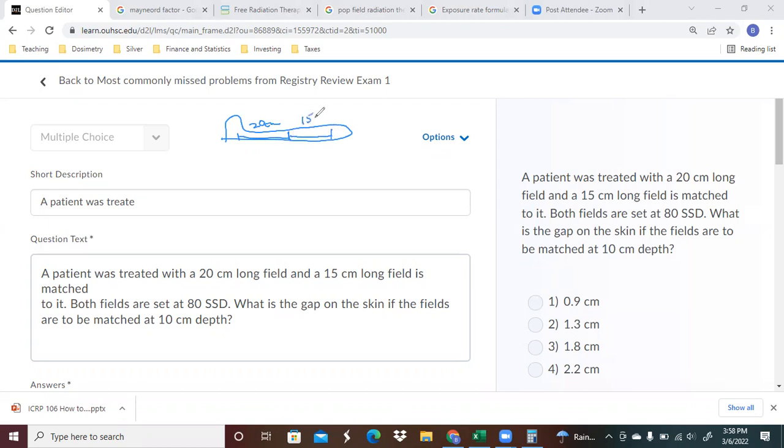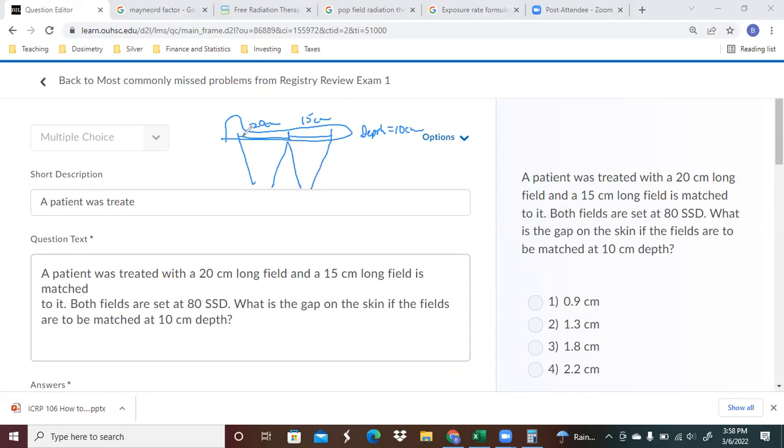Goes over here, and that's going to be 15 cm. So we got 20 here, and we got 15, and all of these are going to be matched at a depth of 10 cm. So they're all coming in from diverging fields like that.